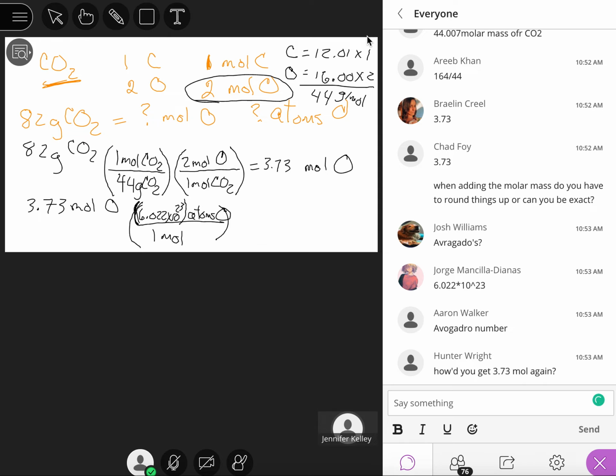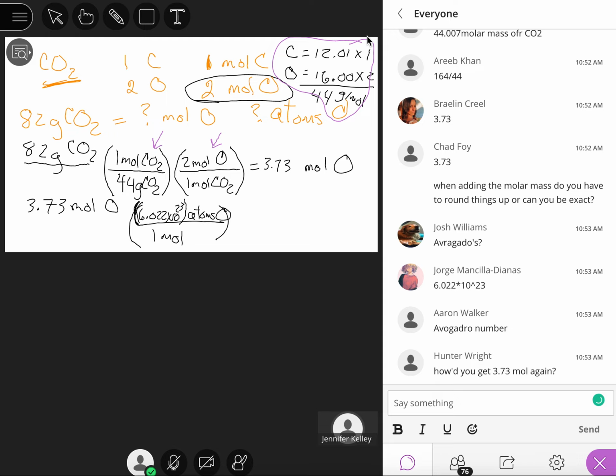Okay, so we took the grams that were given to us of carbon dioxide, and then we took the molar mass of carbon dioxide, which we calculated up here, and then we know that in 1 mole of carbon dioxide, we have 2 moles of oxygen. And that's just because there's a subscript of 2 for the oxygen.